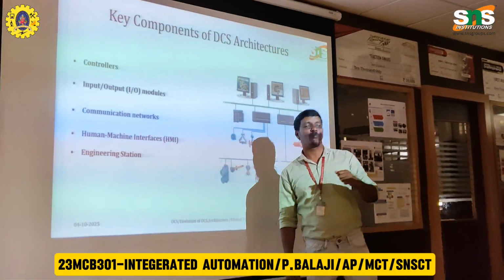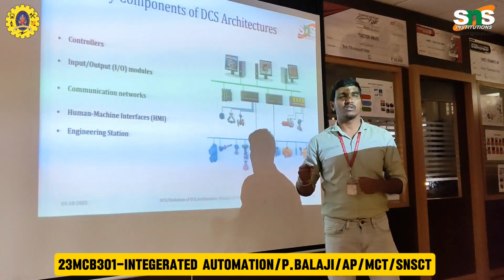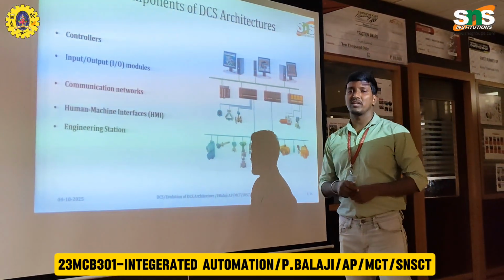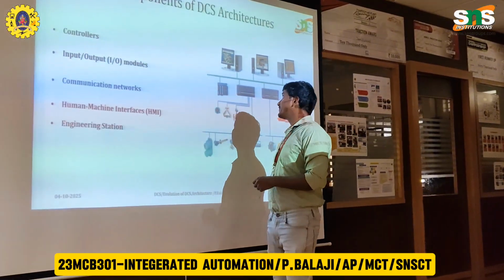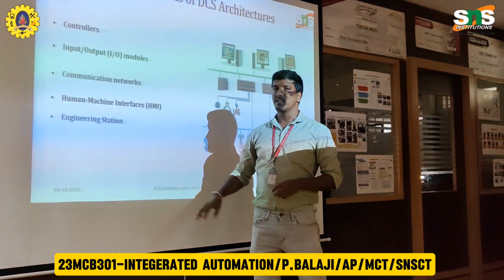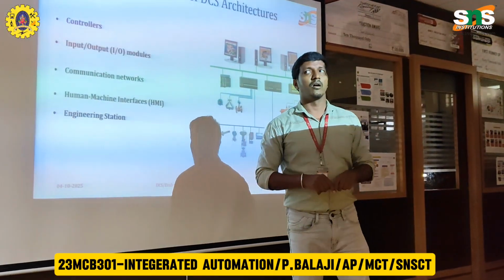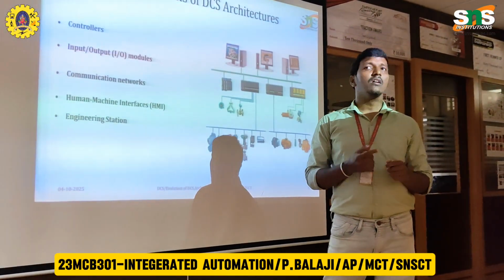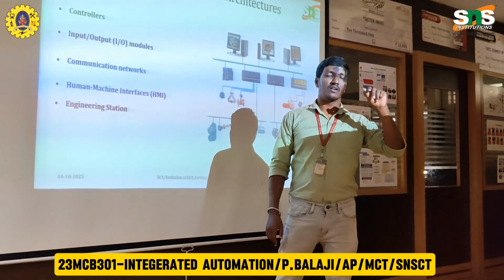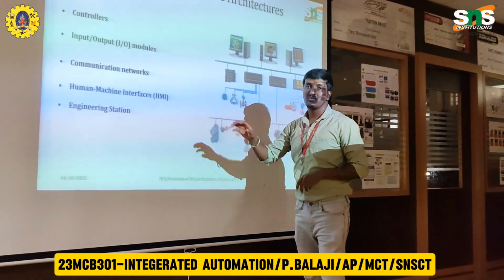And then the human machine interface. I already mentioned the human machine interface, which is used to fetch data manually. For the application, you can use the HMIs. And then the engineering station, which is like a boardroom. If you want to control the data using the HMI, you can fetch the data using a single command.